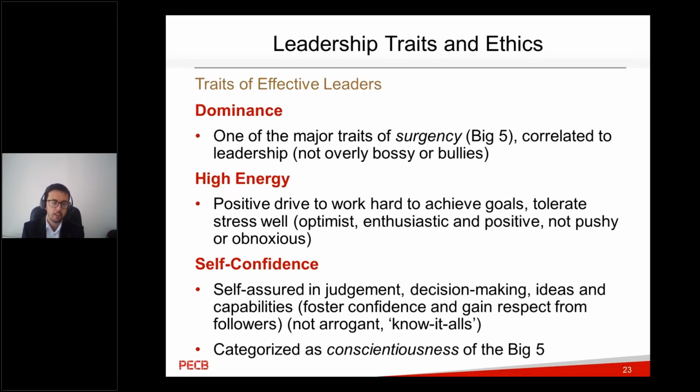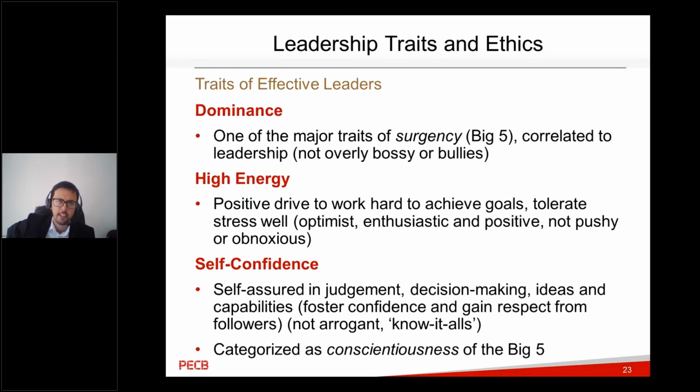Leaders usually display self-assurance about their abilities, and by displaying this, they also foster confidence from their followers, because they are confident and sure in themselves. This will also be projected as confidence from the side of the followers as well.